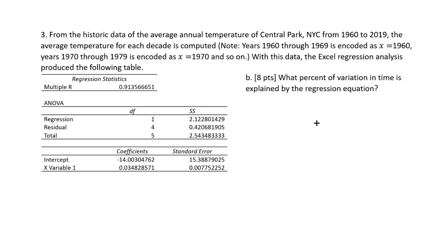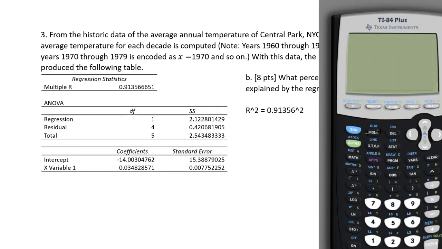And since it's r squared, you can just take this r value and you can square it. So all we need to do is just take this value and square it. Let me show you: 0.91356 squared, and you get 0.83459.